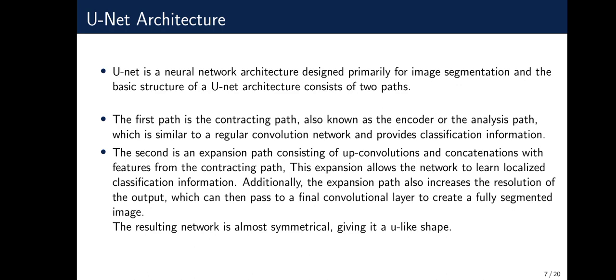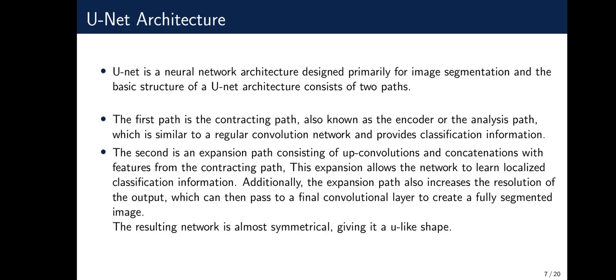As we discussed, the second one is the expansion path, consisting of convolutions and concatenations with the features from the contracting path. This expansion allows the network to learn localized classification information. Additionally, the expansion path also increases the resolution of the output, which can then pass to a final convolution layer to create a fully segmented image.